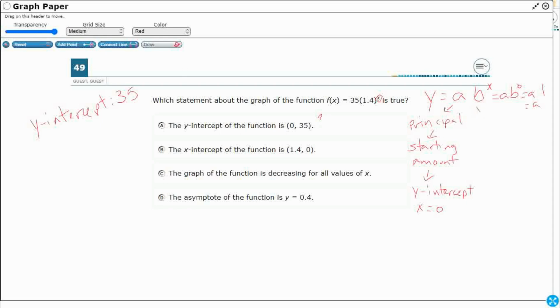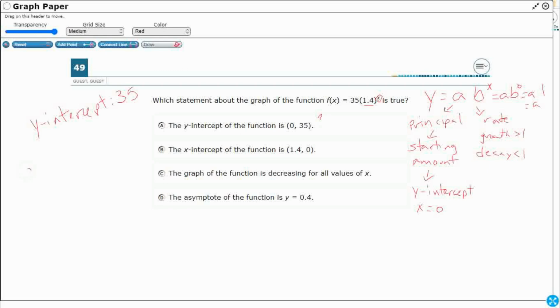Our b term is going to be our rate. And it is a growth rate if it is greater than 1. That 1.4 is greater than 1, so it's a growth rate. It is a decay rate if it is less than 1. And the graphs look certain ways.